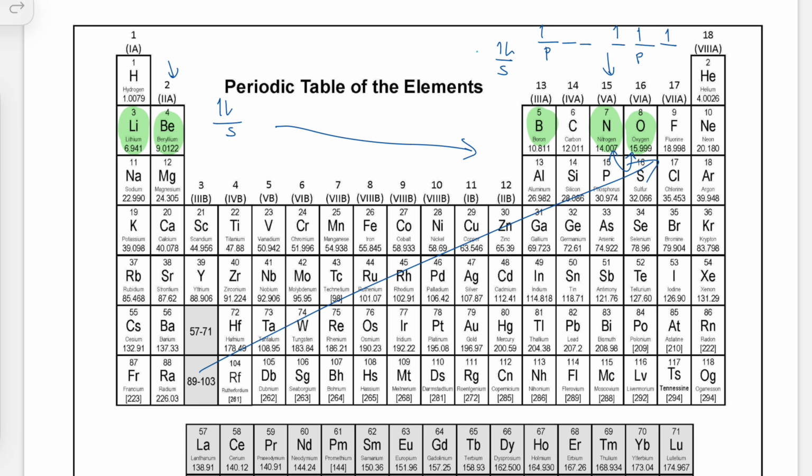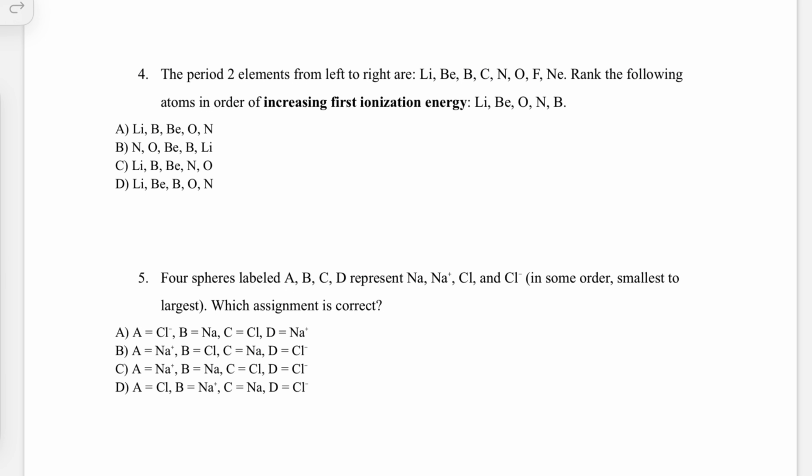So boron and beryllium will also do a switch. So essentially follow the pattern from left to right, but then just switch the 2 that need to be switched. So therefore, lithium will have the smallest, and then it will be boron, then beryllium, then oxygen, and then nitrogen, which is A.